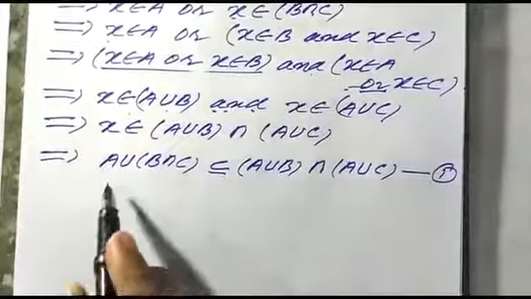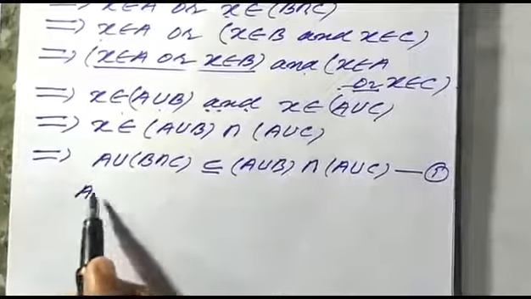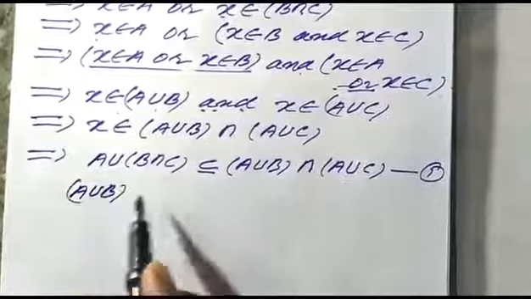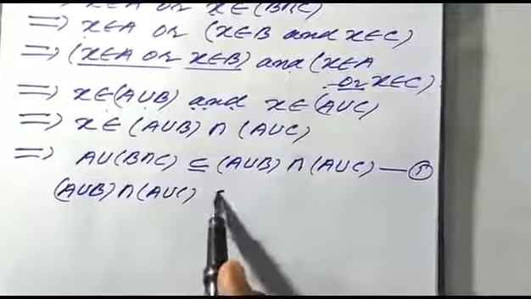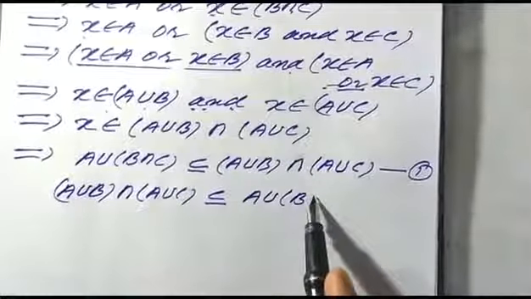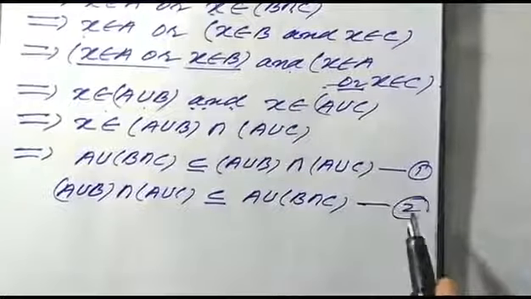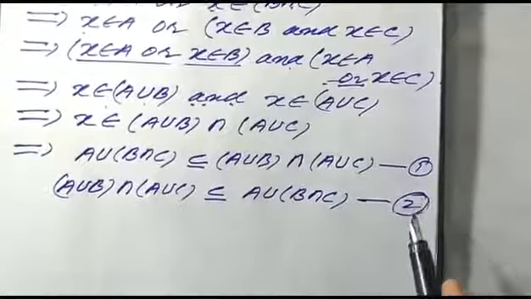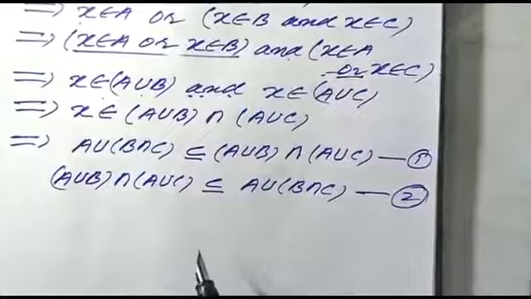Similarly, we may prove that (A union B) intersection (A union C) is a subset of A union (B intersection C), taking Y as an arbitrary element from the right hand side, as we have done in the case of associative laws and commutative laws.